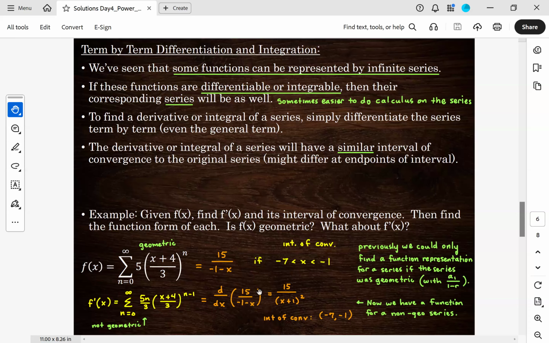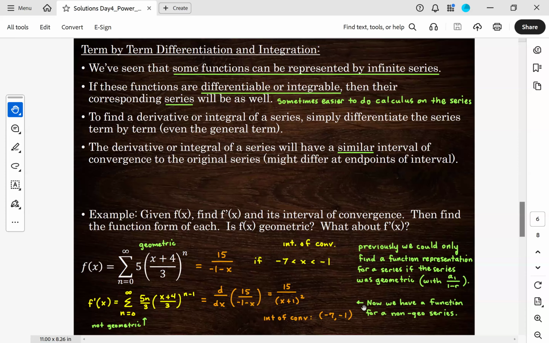Now, what's especially useful about all of this work here, I've got my note over on the side. Previously, we were limited. If I wanted to find a function that represents a series or vice versa, I needed the series to be geometric because the only tool we have for figuring out the function was a1 over 1 minus r.